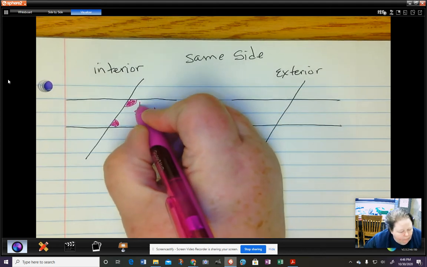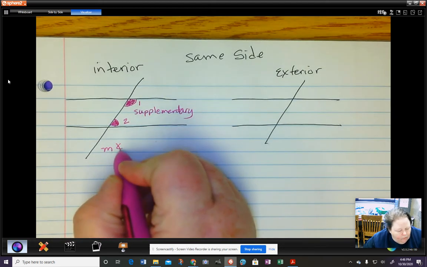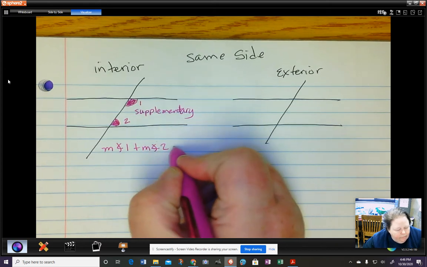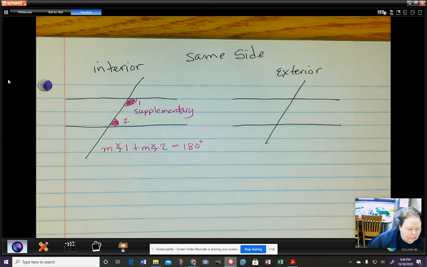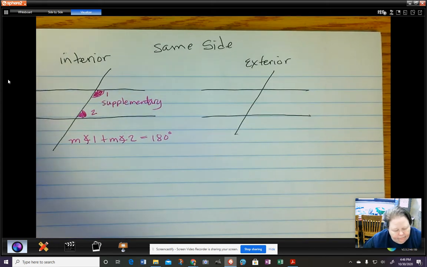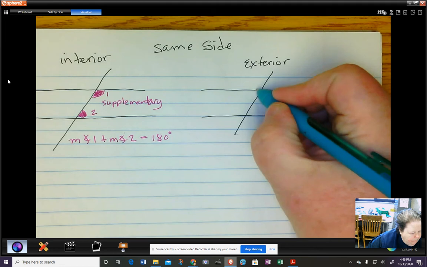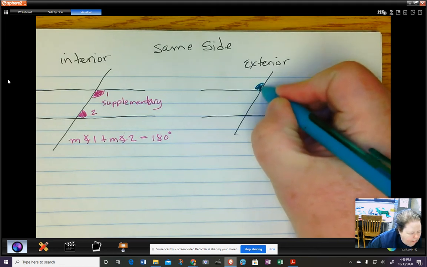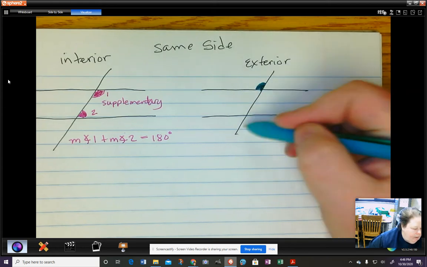So if this is angle 1 and this is angle 2, the measure of angle 1 plus the measure of angle 2 is equal to 180 degrees. All right. Same side exterior. Remember, we're not alternating. We're going to be on the same side, but on the outside on different parallel lines.